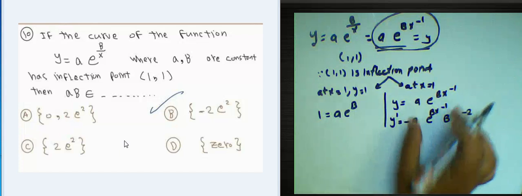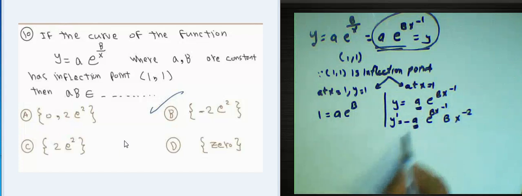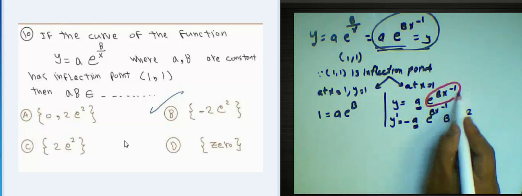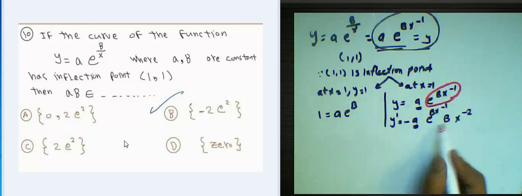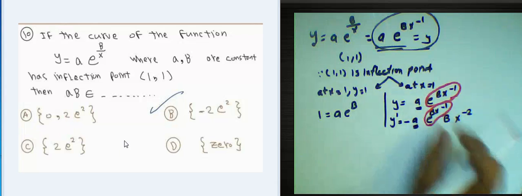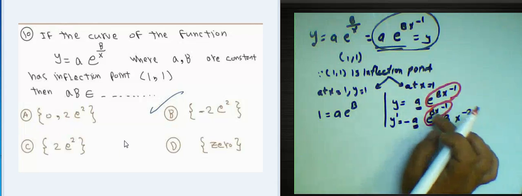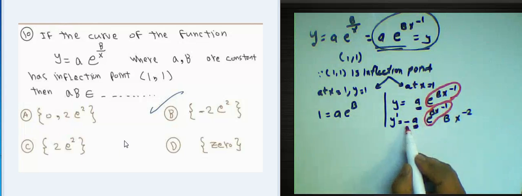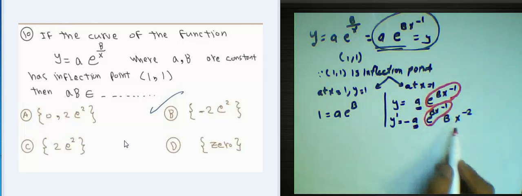Again, the derivative of the function: keep the constant a, and the derivative of e to the power b x to the power negative 1 is the same function times the derivative of the power. Drop the power outside and subtract 1, then the result is negative b x to the power negative 2.